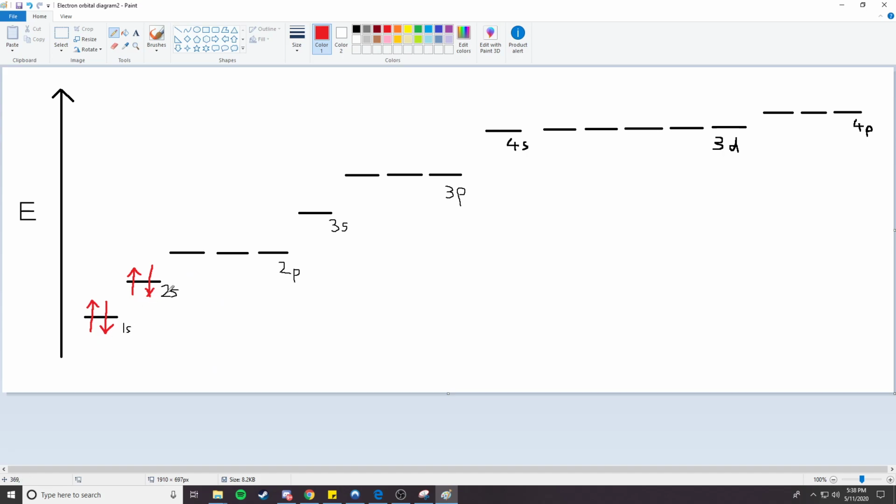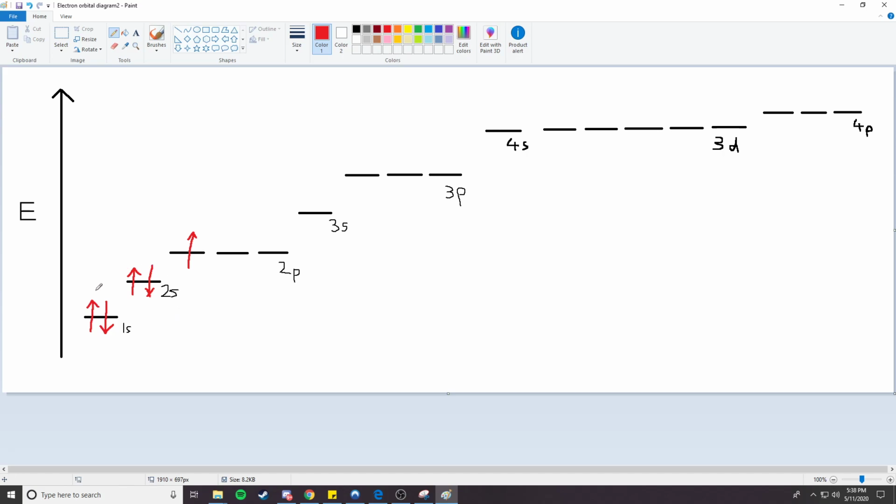Both of its 2s shells are completely filled. When we go to boron with 5 electrons, we have to put it there. This electron is in a much higher energy orbital. It's in the 2p orbital. It's all by itself. Hence, it's easier to remove compared to this stable configuration of beryllium.